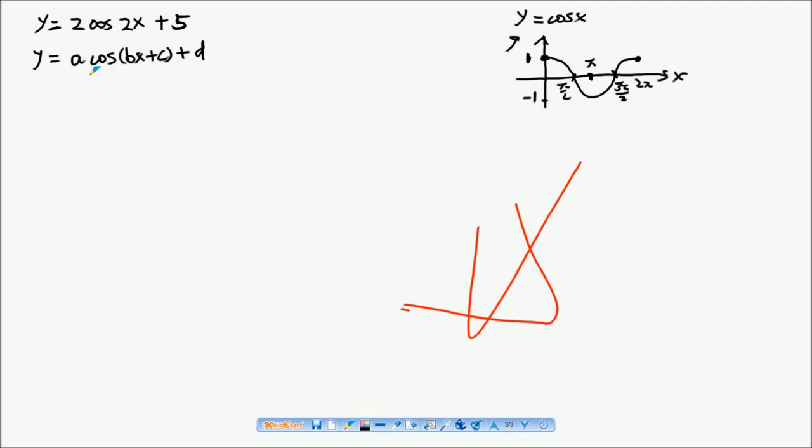Now let's find the amplitude of the graph. Here the amplitude is 2, because a is 2. Let me make it clear. Compare the graph given in the question with the graph in ABCD format.